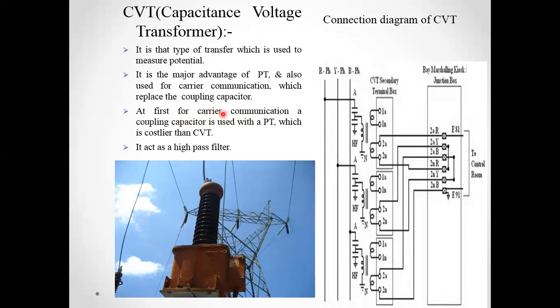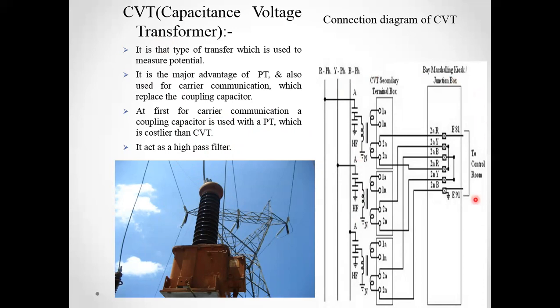At first, for carrier communication, a coupling capacitor was used with a potential transformer, which is costlier than the CVT. This CVT acts as a high pass filter. Here we can see its actual picture, how the capacitance voltage transformer looks.